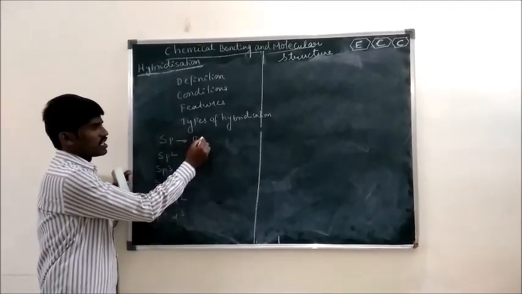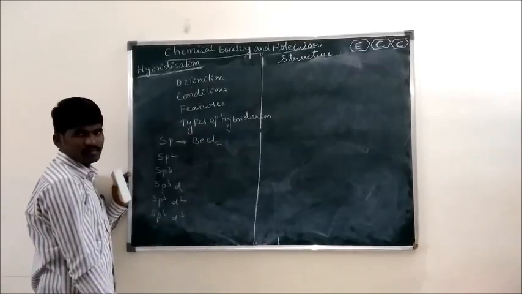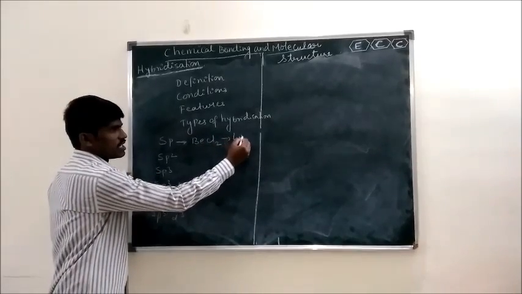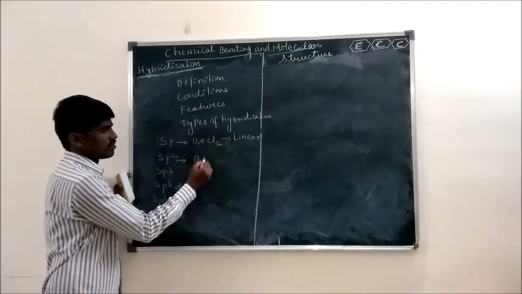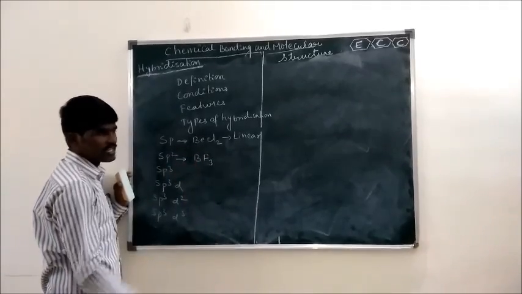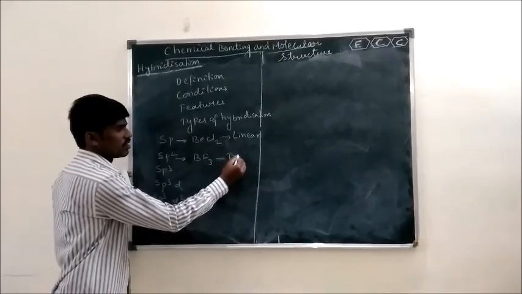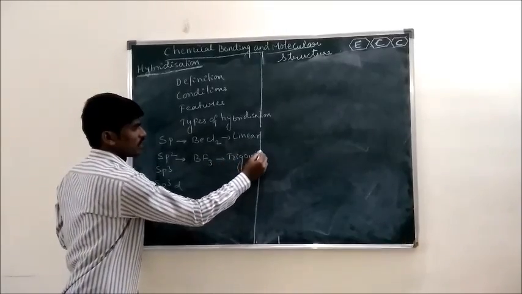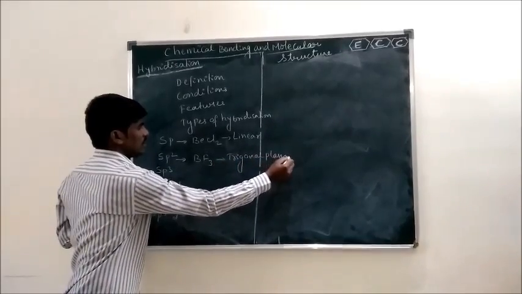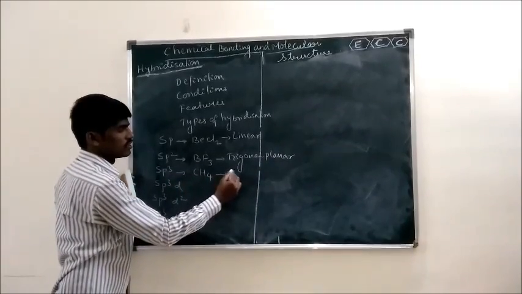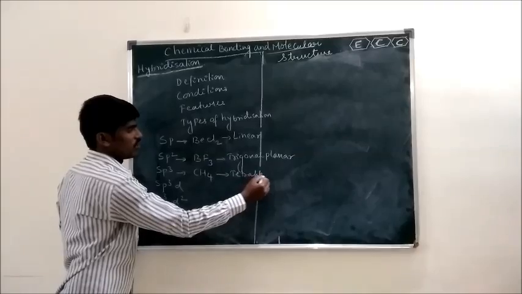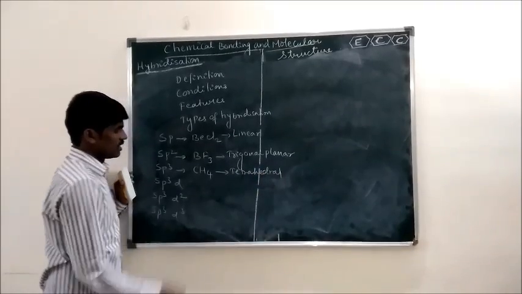For sp hybridization, BeCl2 is an example, and the shape of the molecule is linear. For sp2 hybridization, boron trifluoride, BF3 is an example, and the shape of the molecule is trigonal planar. For sp3 hybridization, the example is CH4, and the shape is tetrahedral.